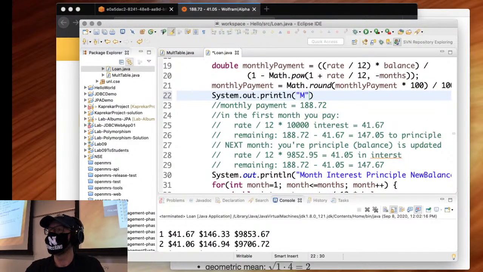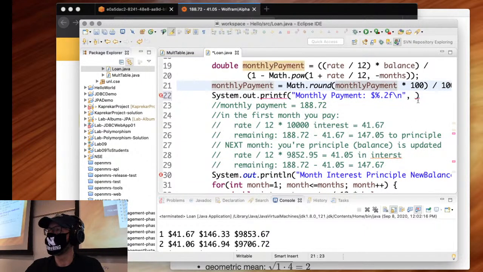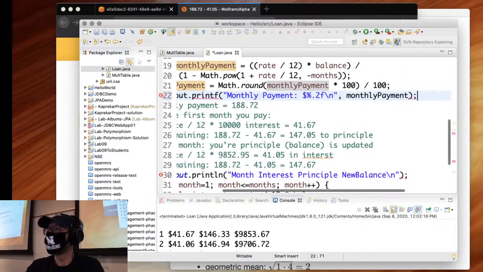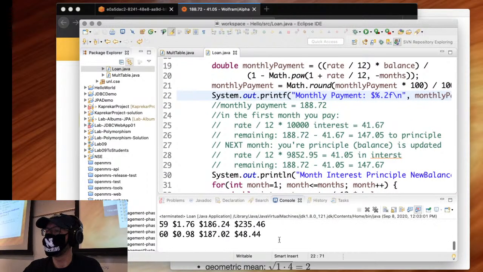System.out.println monthly payment is going to be, actually no, printf, percent 0.2f and the line, and then monthly payment. There we go. Now it's formatted as money. Oh, $188, I screwed up somehow.